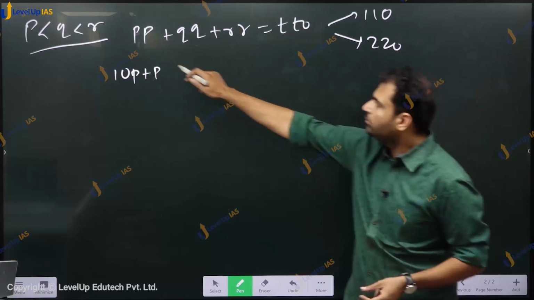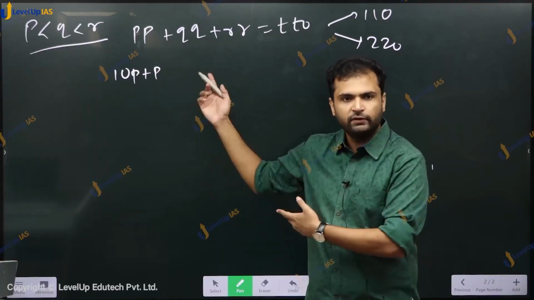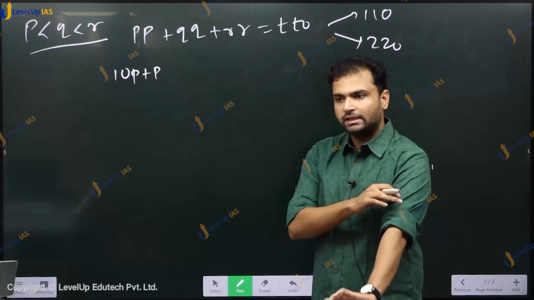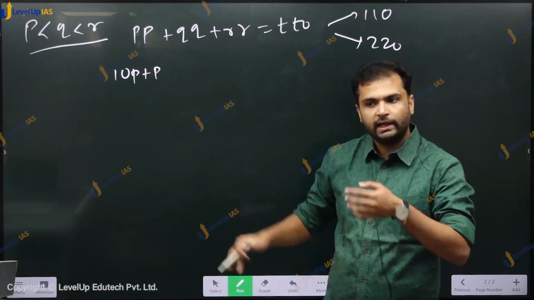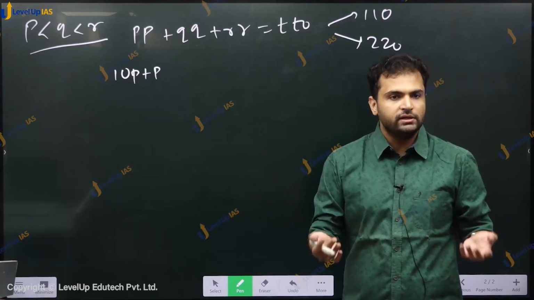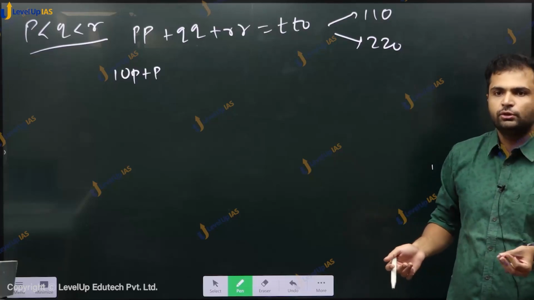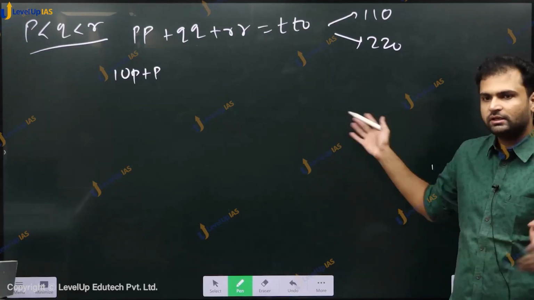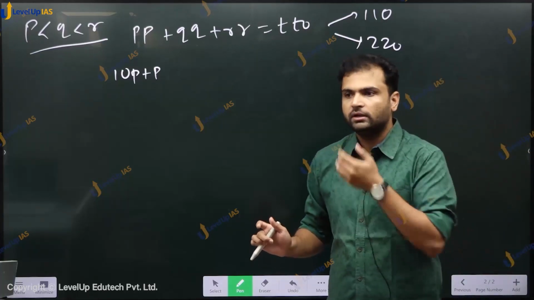So I'm just writing PP as 10p plus p. If you are facing difficulty in this, look at the previous class. We have done an entire section on this, and there have been PYQs on this as well. That is why I asked what the first intuition is. Whenever we have unknown digits, one of our first go-to methods is writing place values and seeing what information can be fit in the question.